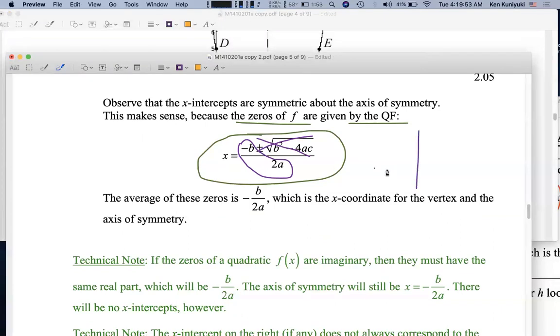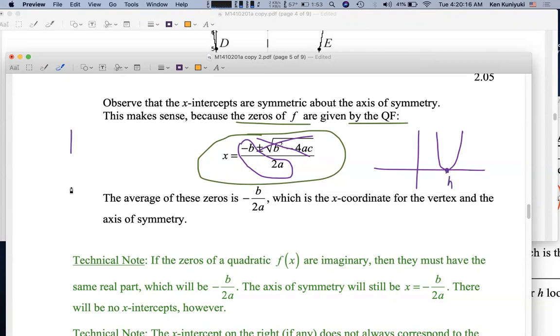Now, if there's just one x-intercept, well, great. The vertex is the x-intercept. So the discriminant is 0, right? And this part would drop off anyway. So the opposite of b over 2a would give the x-intercept and the x-coordinate of the vertex, h.